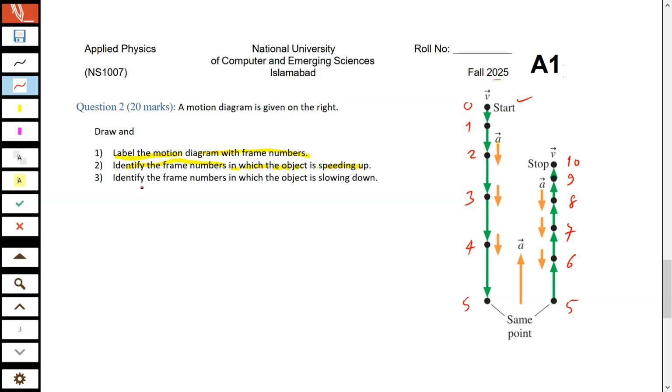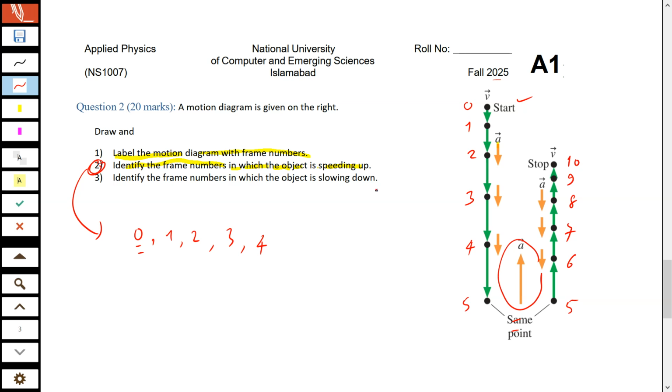So I can say that for this frame 0, frame 1, frame 2, frame 3, even in frame 0 it's accelerating, because the acceleration starts right from the beginning. 4, in 5 it is not accelerating, because in frame 5 it is now reversing. So 0, 1, 2, 3, 4, this will be the answer to part 2.